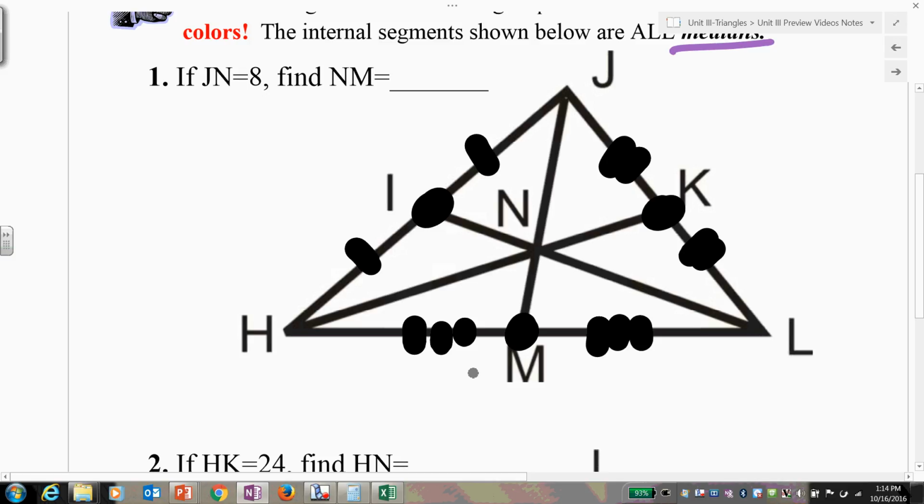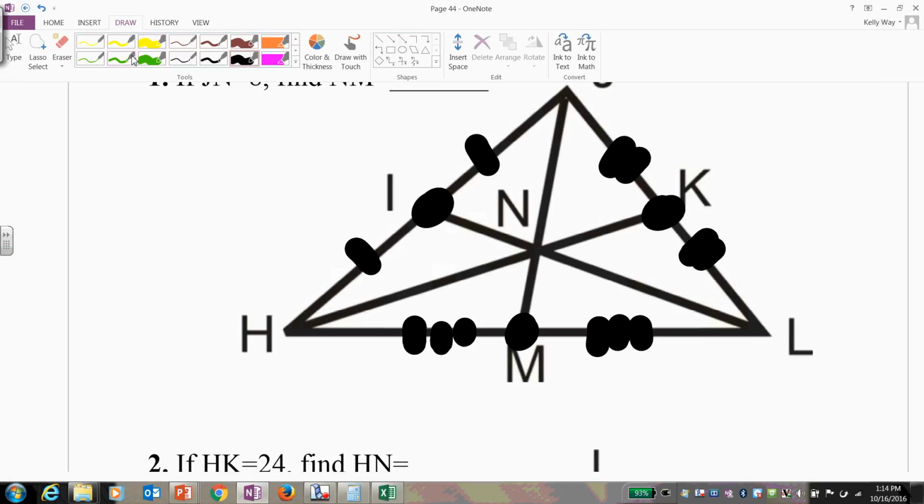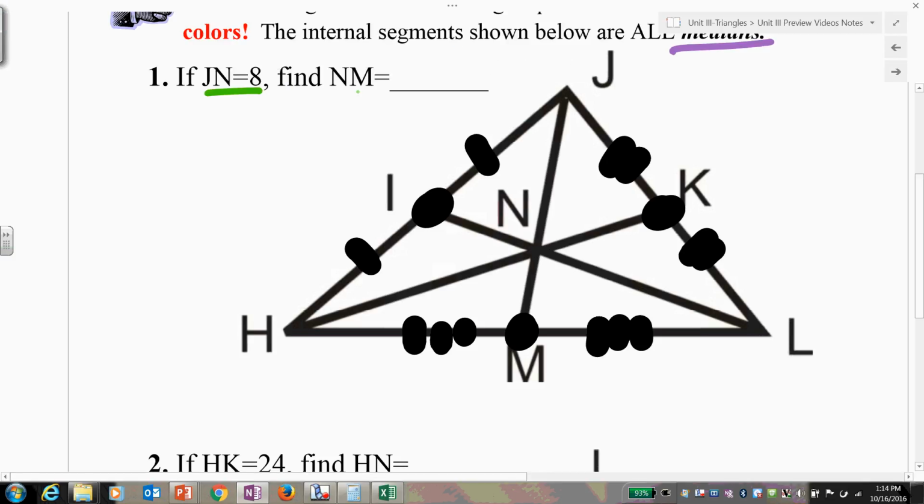We are told that JN is 8, and we want to find NM. Let's write our thing equation first, even though this is an easy one. We know that JN equals 2 of NM because of that centroid there.